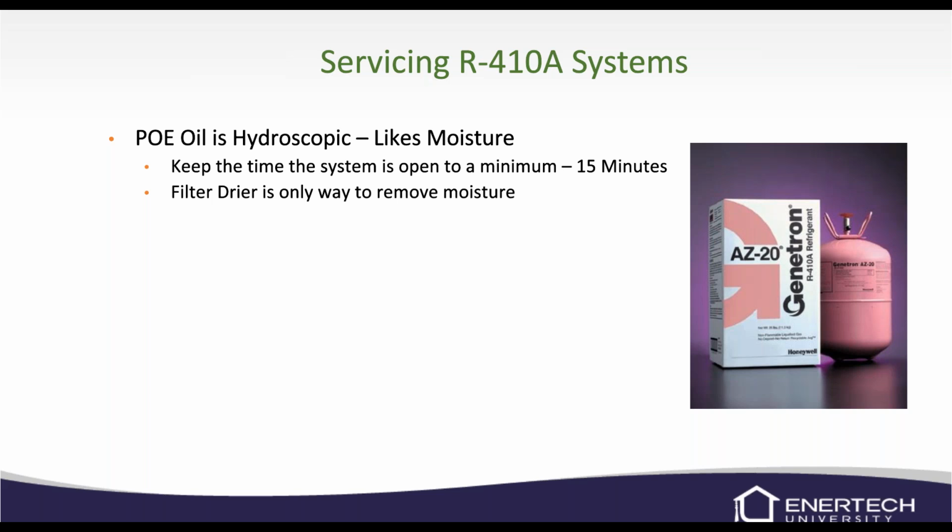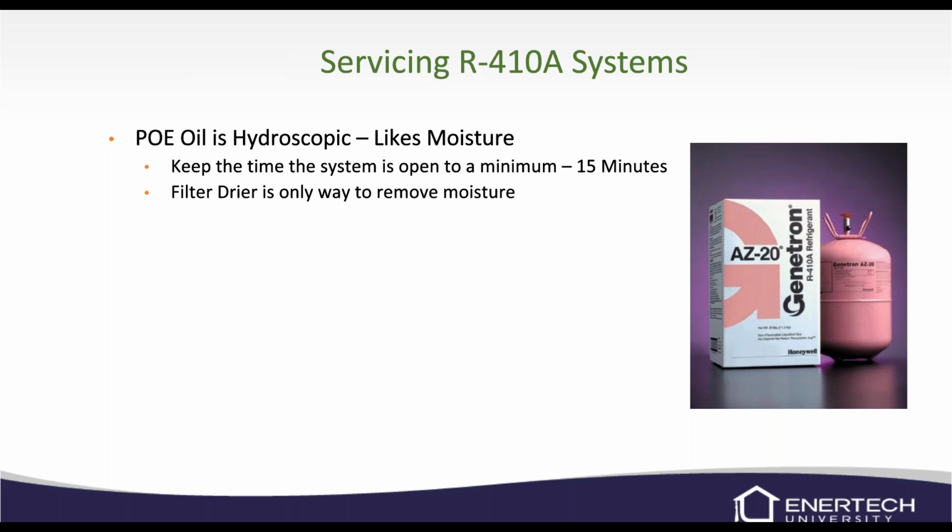If for some reason you feel like you need to unbraze it, then you need to put nitrogen on it. We use nitrogen when we're brazing so we don't get that oxide buildup on the walls of the refrigerant lines.